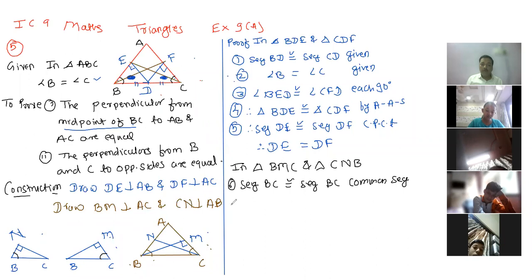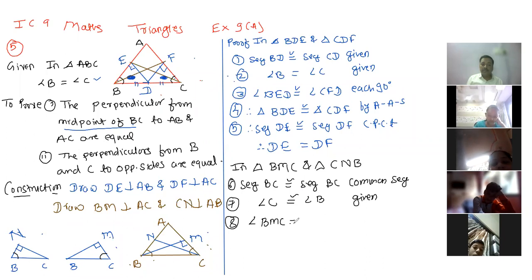Angle B and angle C are equal: angle C congruent to angle B. This is given. And 90 degrees, that is by construction. Angle BMC congruent to angle CNB, each 90 degrees.